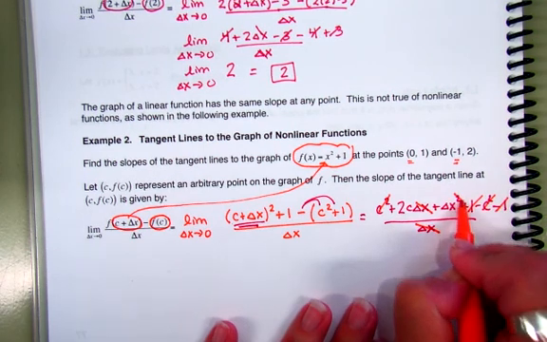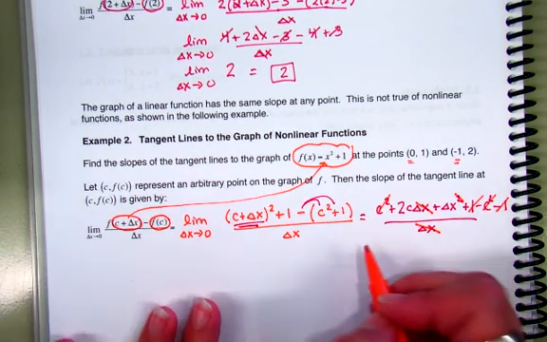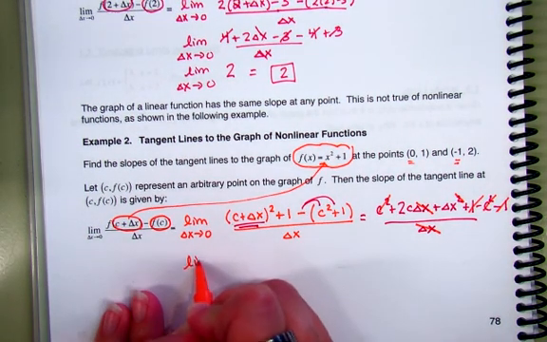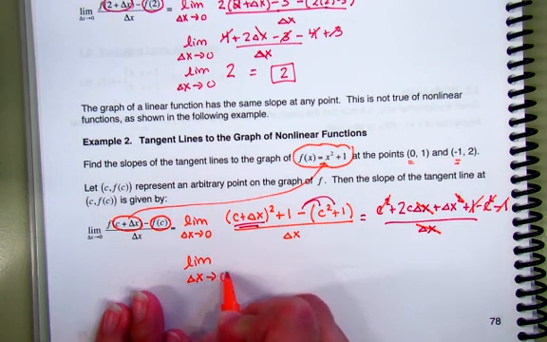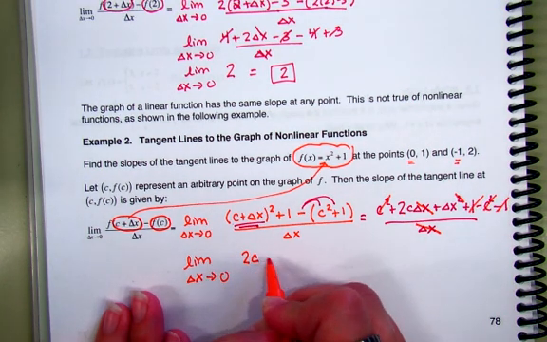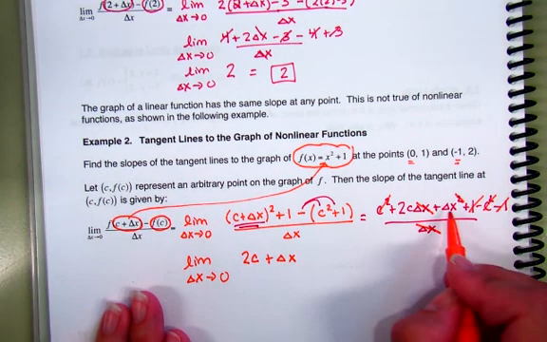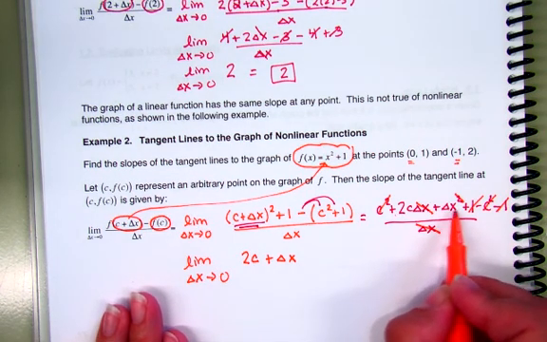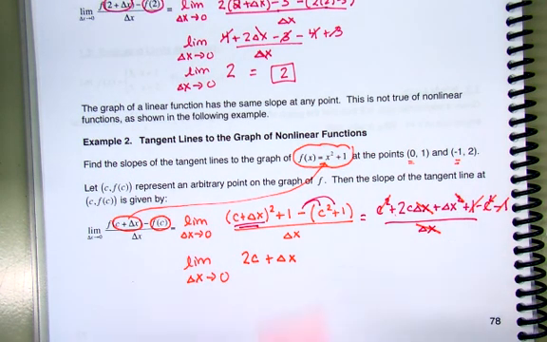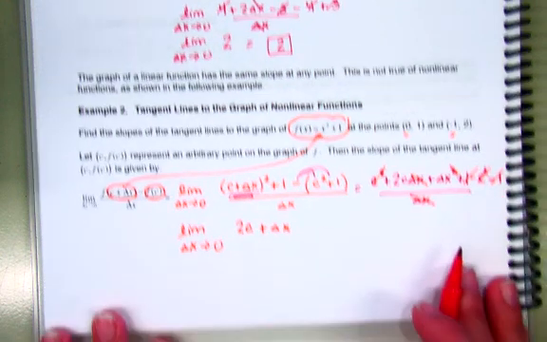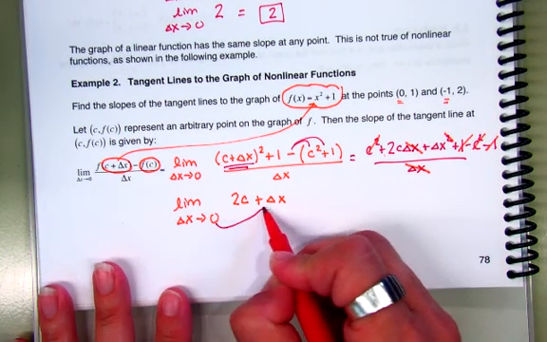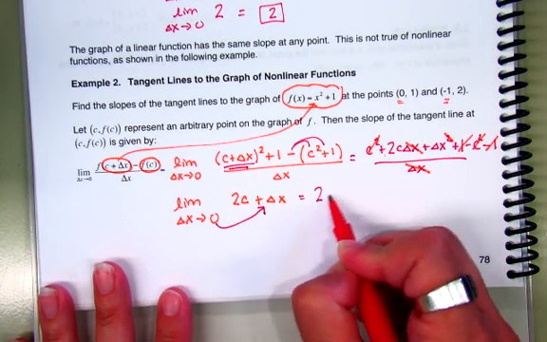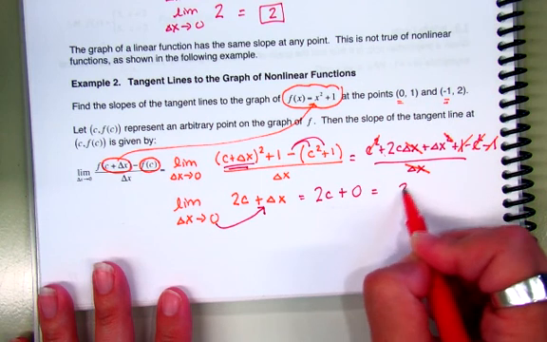And so what am I left with here? I'm left with the limit as delta x approaches 0 of 2c plus delta x. Agreed? The 2c from here, and then there's a delta x there. Now I'm trying to find the limit as delta x approaches 0. So I take this delta x and I can do direct substitution, and I get 2c plus 0, or 2c.